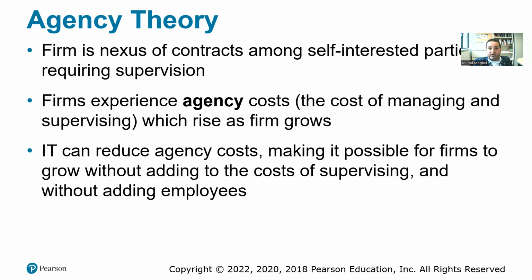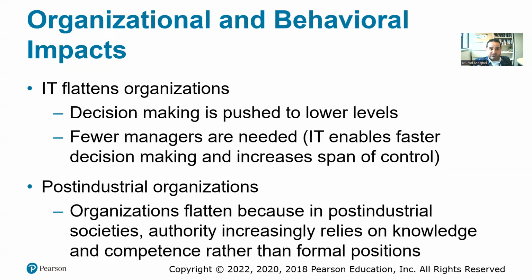So with technology, we can reduce this agency cost, because IT flattens the organizational structure. IT flattens organizations because it empowers frontline employees. So then there is less need for higher levels of management or supervision.